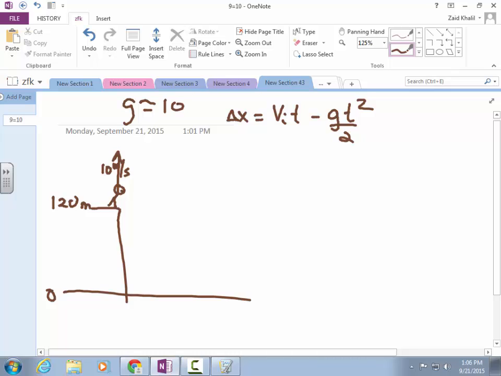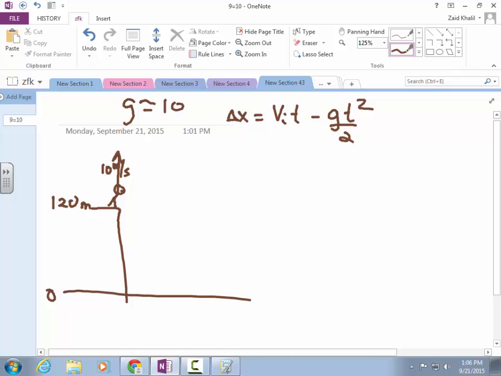No. This guy is infinitesimally tall. He's like a 4-year-old. So don't worry about his height. Don't take that into account. He's at 120 meters. So what's the displacement?